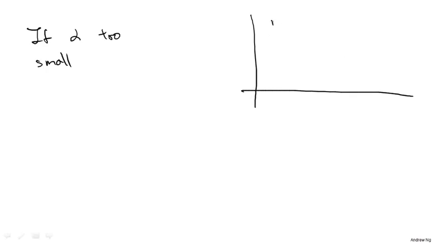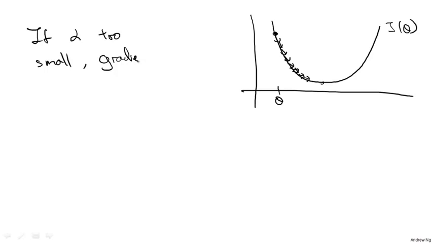If alpha is too small, and you have a function J of theta with my initial value of theta here, then you end up taking tiny baby steps, and you might need a lot of steps to get to the minimum. So if alpha is too small, gradient descent can be slow, meaning it can require a lot of steps.